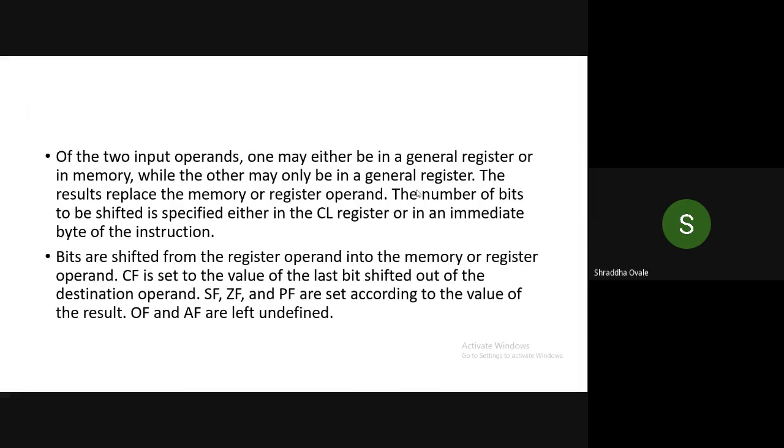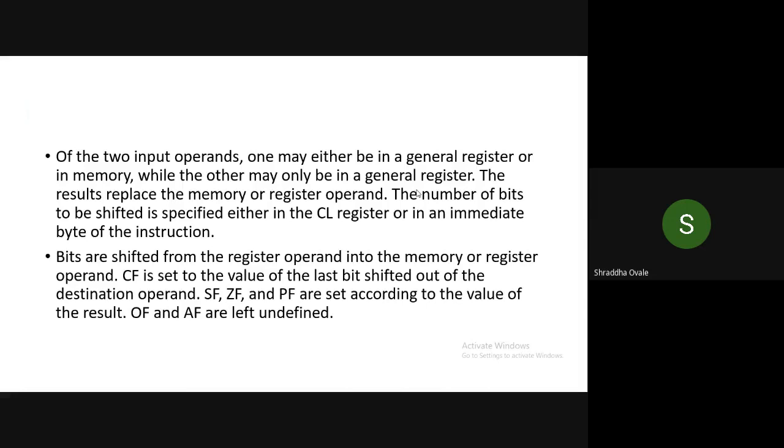The remaining flags, that is the sign flag, zero flag and parity flag, will be set depending on the result of this instruction. If the result is 0, the ZF flag will be set. If the result is negative, the SF, that is the sign flag, will be set.